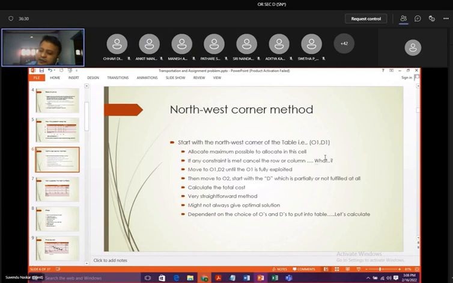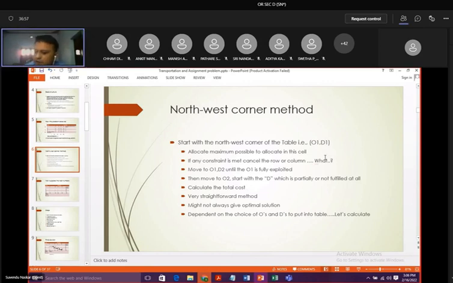So at that point in time, reduce the demand of destination D2, 350, to 300, so that you do not forget how much maximum is required. So now I'll allocate 300 and make 400, which is the O2 total supply limit, to 100.